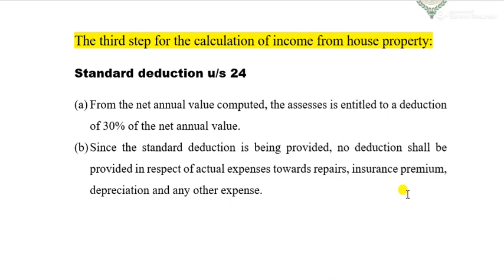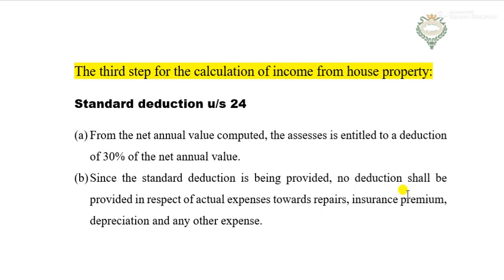If the problem says that there are repair expenses, there are maintenance expenses, depreciation, insurance, whatever you find, no other expenses shall be allowed as deduction, even if the expenses are more than income from house property. Even if the expenses are more than the actual rent that you are receiving, they will not be allowed as deduction. Only 30% of the net annual value is deductible for 1 year.